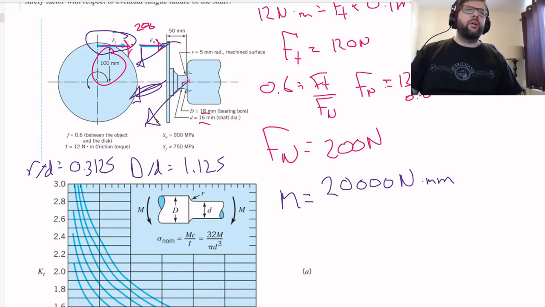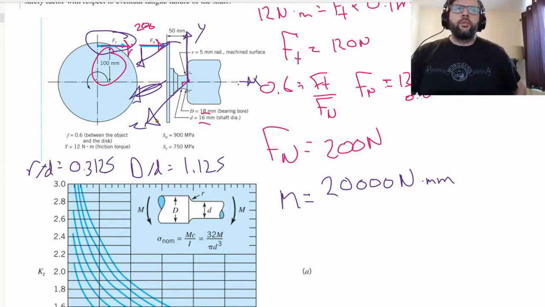I guess I should define our axes. Let's make this the x-axis, this is the y-axis, this is the z-axis. So the 200 Newton normal force is causing bending about the y-axis. The 120 Newton friction force, the force that's causing the torque, also causes a bending moment.